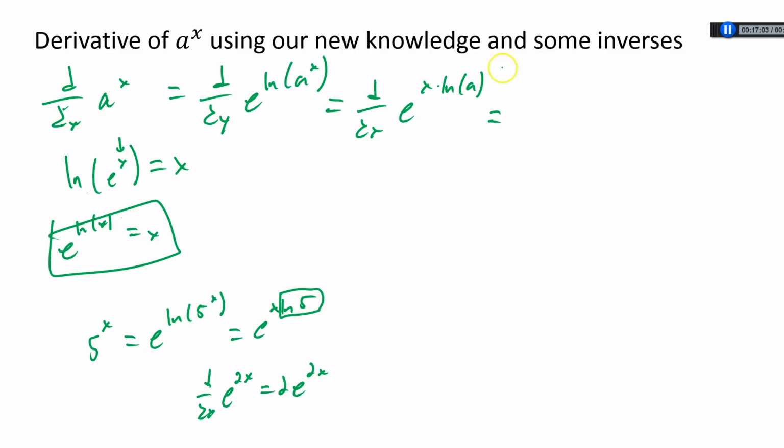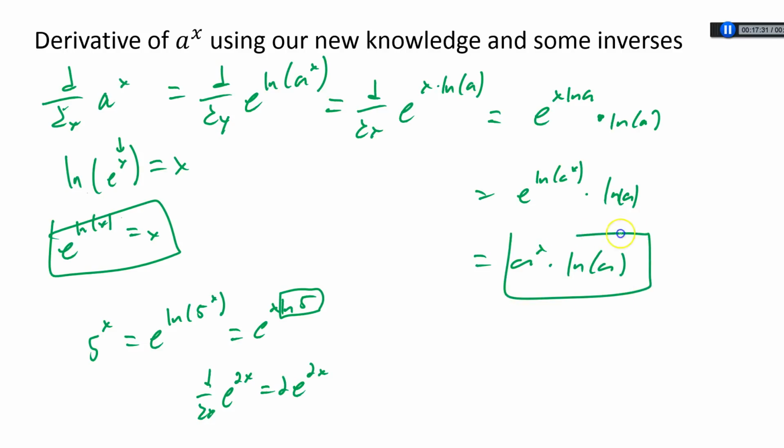So the derivative there is just e to the x ln a, leave that part alone, and then you multiply by the derivative of x ln a, which is ln of a, because ln of a is just a constant, just like this 2 down here. And that is our derivative. But now I'm going to put this back into the form that we had it: e to the ln a to the x multiplied by ln a. So the derivative of a to the x is a to the x multiplied by natural log of a.